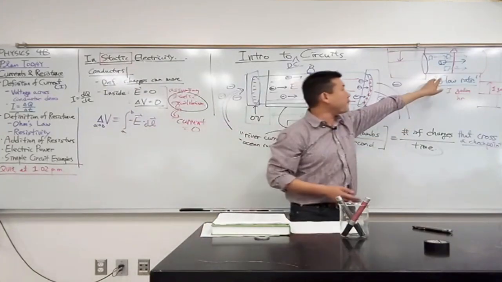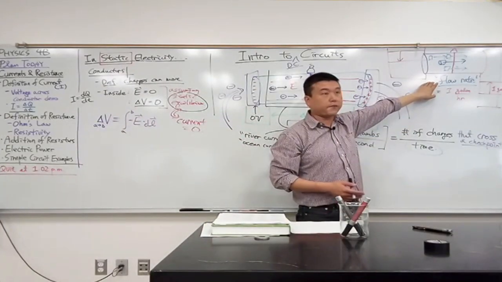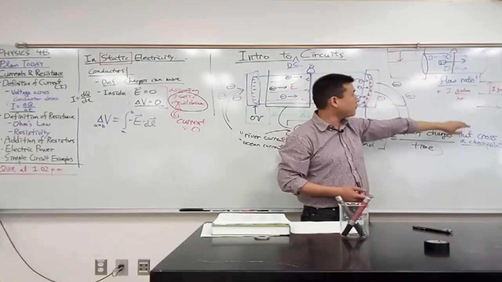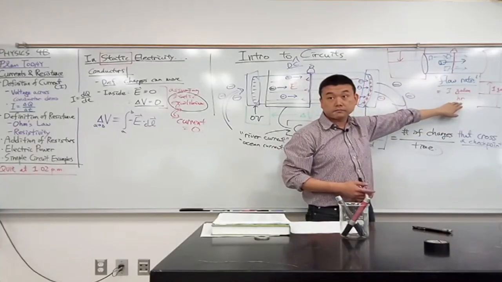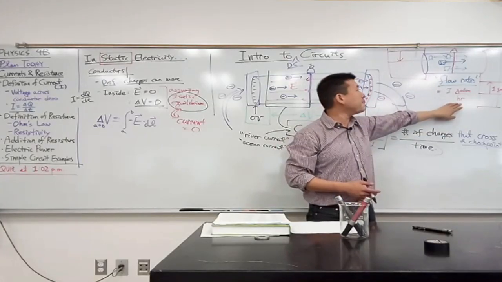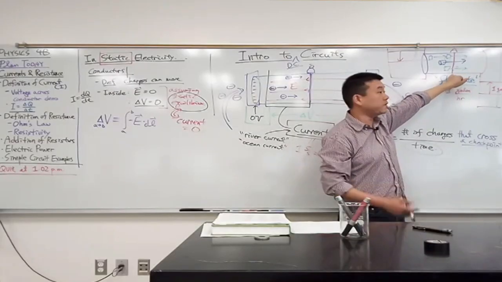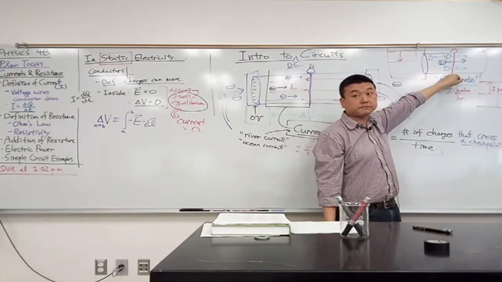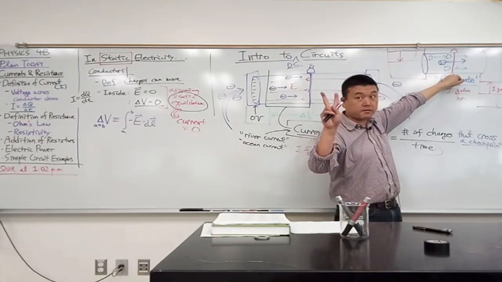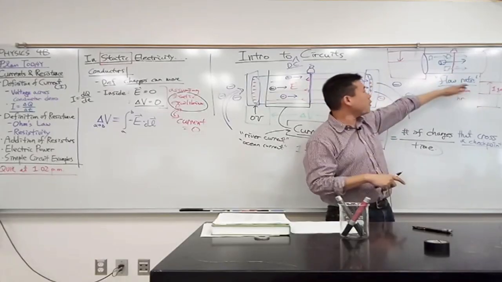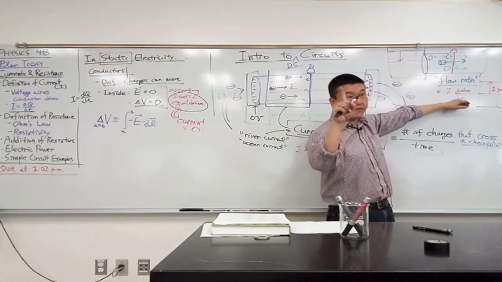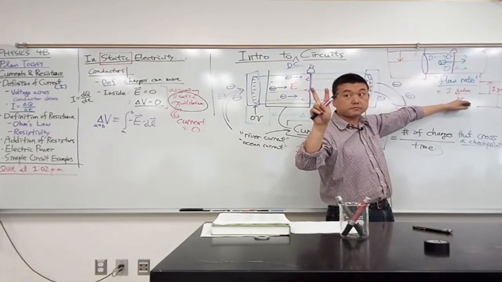Imagine that you have a water pipe which has a constant flow rate of 1 gallon per hour. So how many gallons of water cross this point if you wait for 2 hours? 2 gallons, right? So does the flow rate depend on whether you measure for 1 hour or 2 hours?